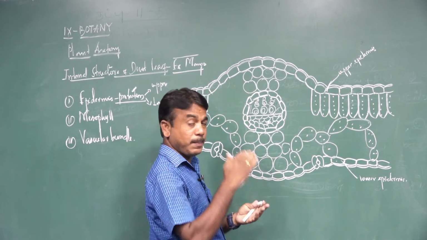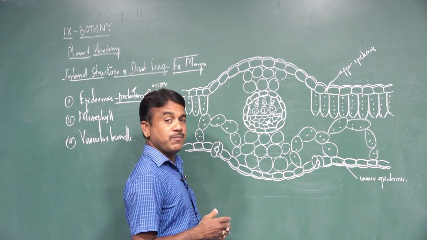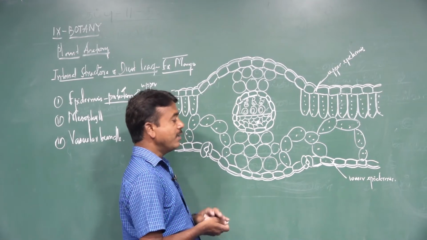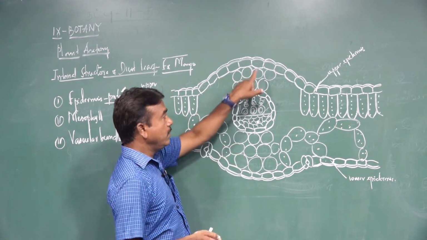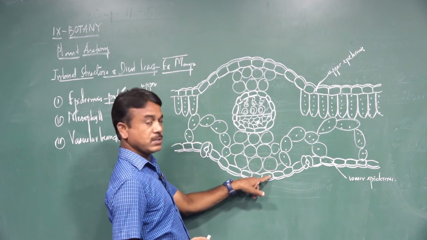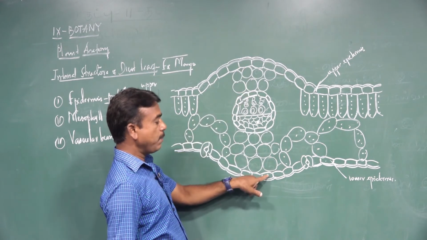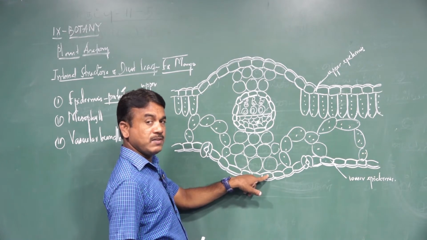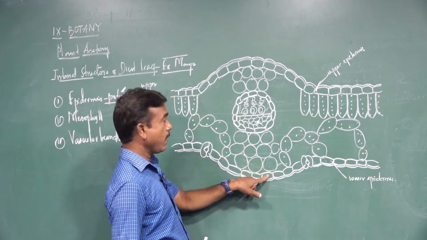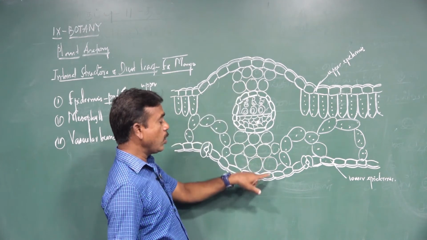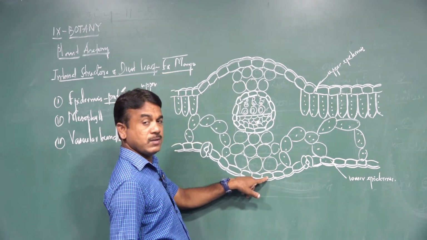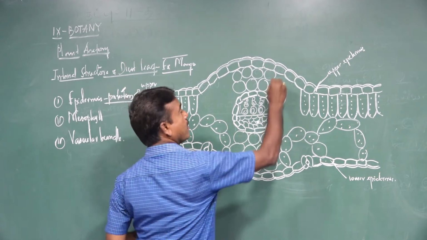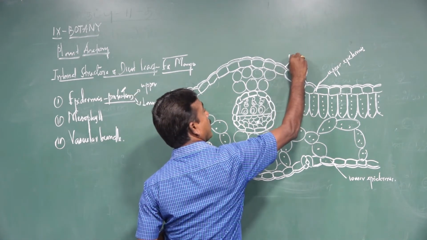Cells are compactly arranged without intercellular spaces. Here is the upper epidermis, here is the lower epidermis. Both are made up of parenchyma cells, compactly arranged without intercellular space. But both upper and lower epidermis are covered by a thick layer, commonly called the cuticle.